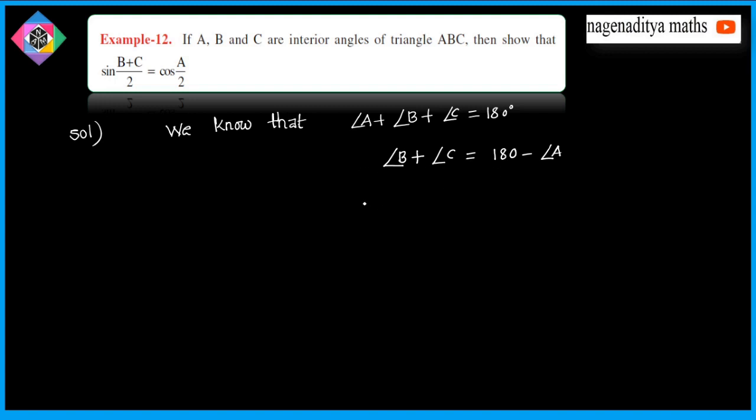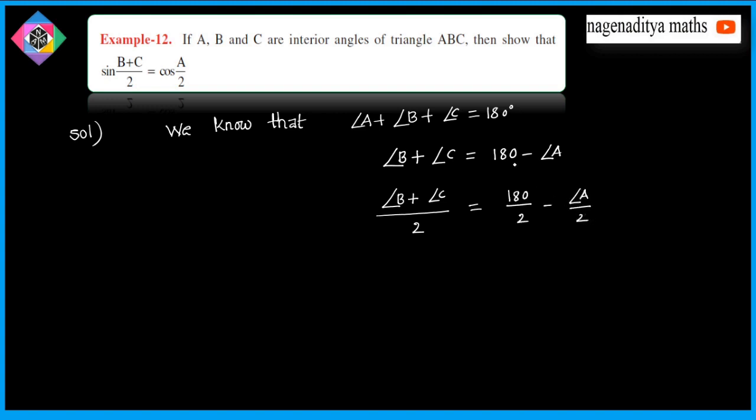But before that, I am going to divide this entire equation by 2. So (angle B plus angle C) whole divided by 2 is equal to 180 by 2 minus angle A by 2.